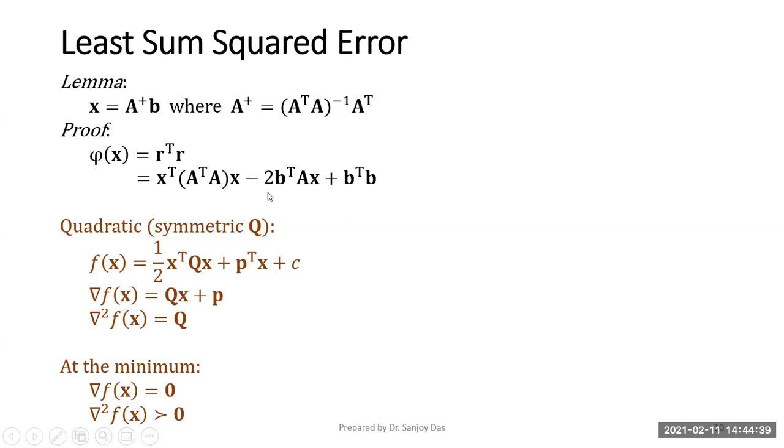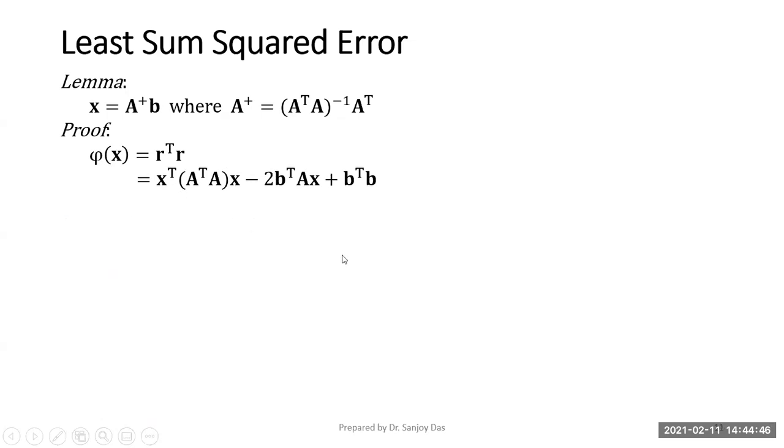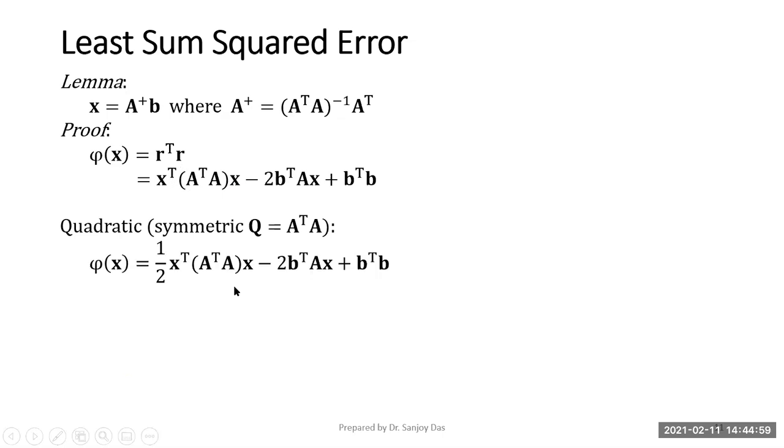Now let's proceed with the proof. This is where we were, phi of x equals this expression here. Now, this A transpose A here is symmetric. Okay. And we'll call this equivalent to our Q in that previous slide. And so let's take the derivative of this.